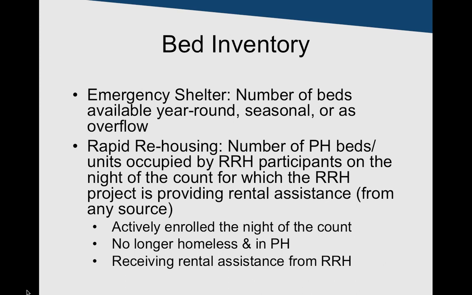So you want to look, in this case, at the number of beds that were actually being utilized for rapid rehousing on the night of the count. I hope that makes sense to folks. So for rapid rehousing, you're only including those that were in rapid rehousing that night.